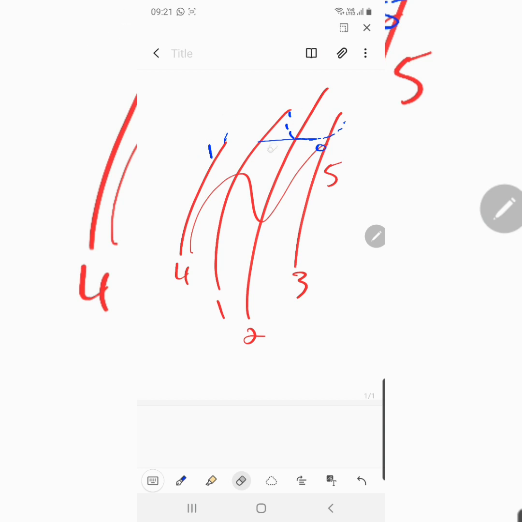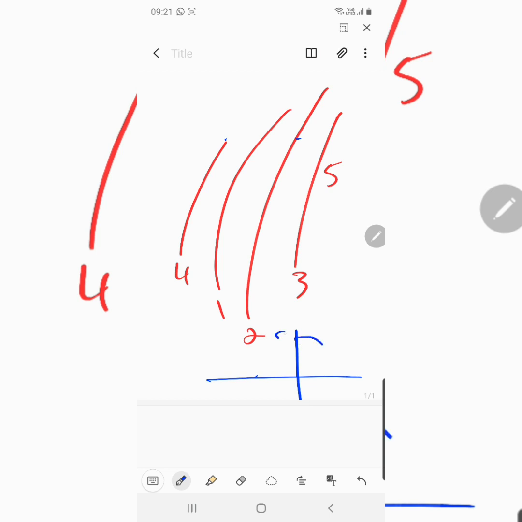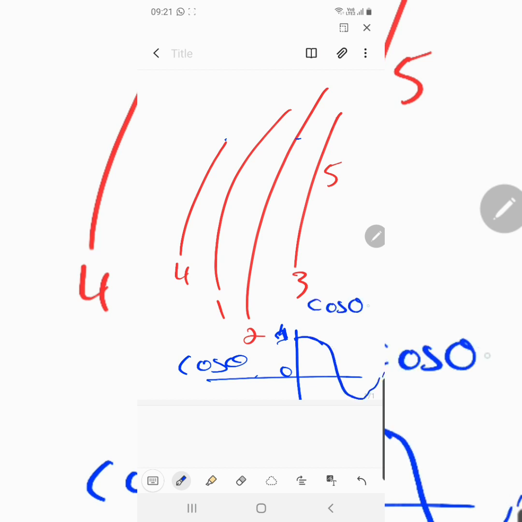So let's forget about that for now. Forget both the sine type of curves. Just so you know, cos curve starts from 1, that cos theta, because cos of 0 is equal to 1, unlike sine of 0 is equal to 0.